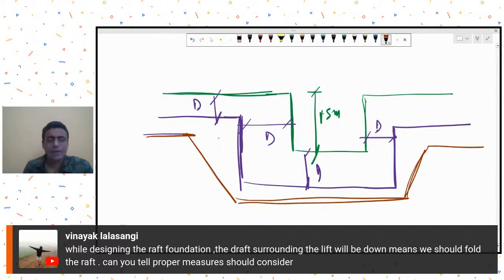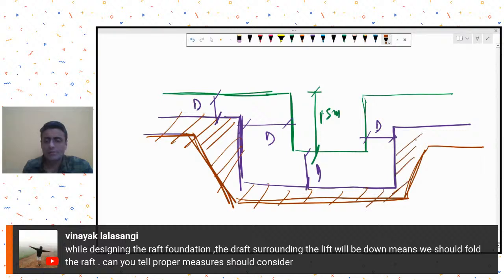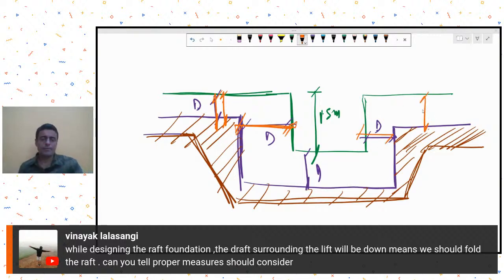In this region, we will do the PCC. This angle we will try and maintain somewhere around 45 degrees. Very clear? So something like this will be the PCC line. And while folding the raft, we will ensure that the raft is folded by the same thickness over here also. So the fold should be like this. Understood? So this is what we usually try and do.